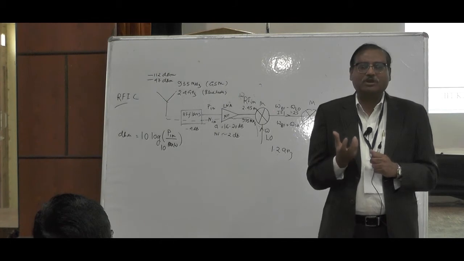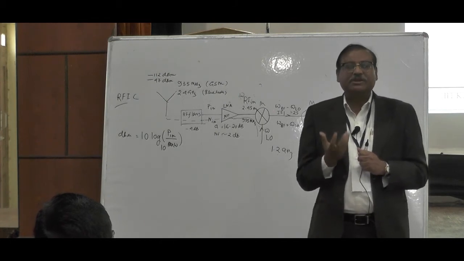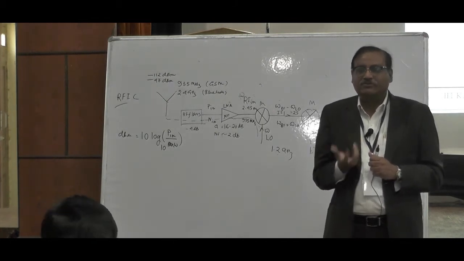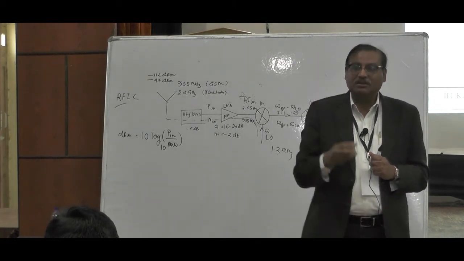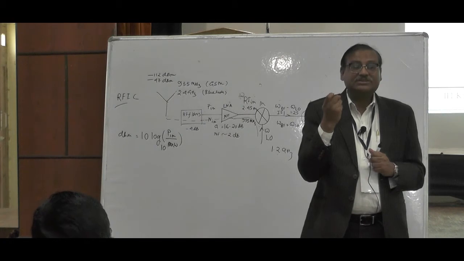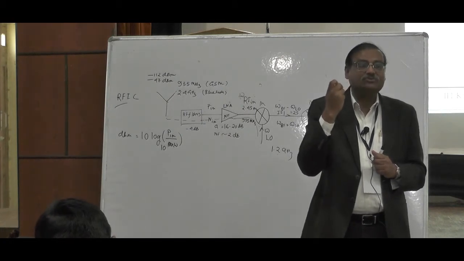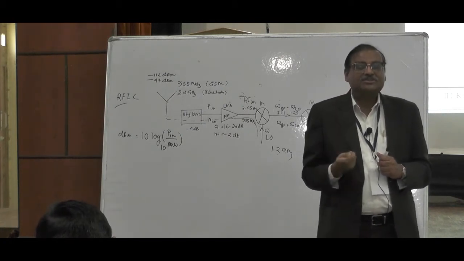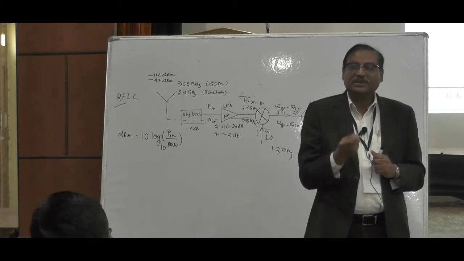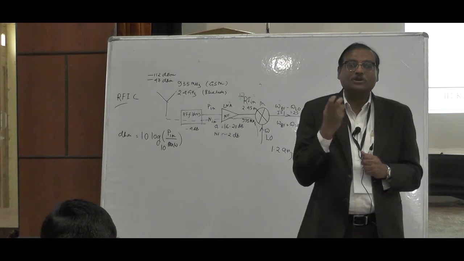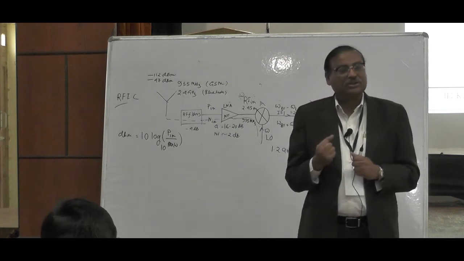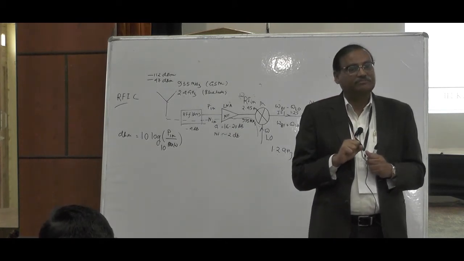But if you want to make a good front-end design, sometimes you may require a quality factor of 100 or even 1000. If you look at a quartz crystal, the quality factor is 25,000, whereas an inductor in silicon is only 3 or 4. So think of how much power is getting lost because of the low quality factor.